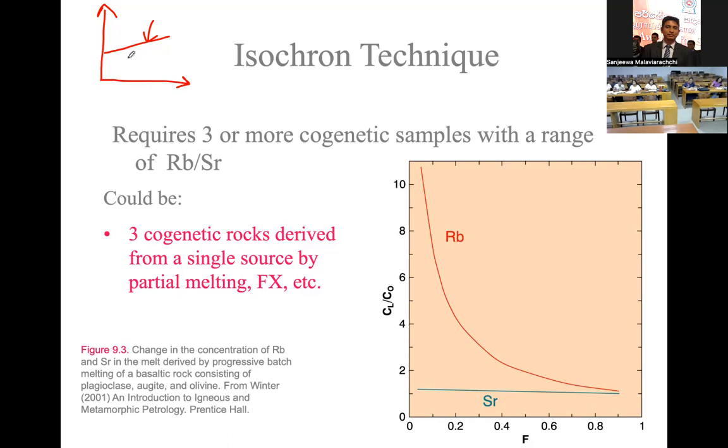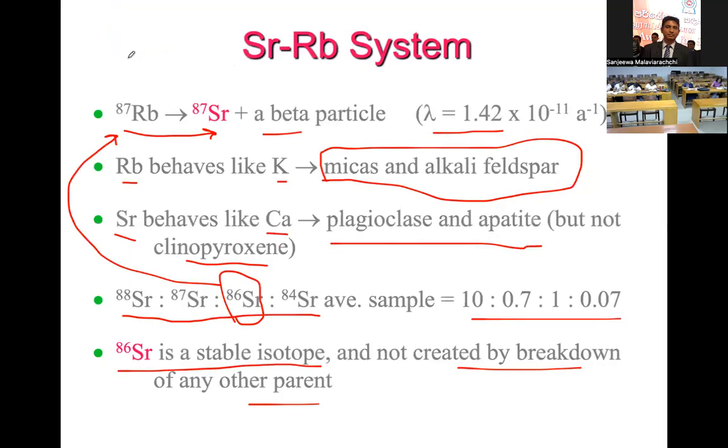So if you measure the parent and daughter isotopes in different minerals in the same rock, for example, you can measure amphibole, clinopyroxene, plagioclase, apatite, micas, like these minerals.